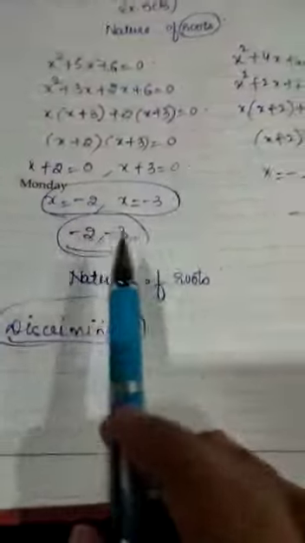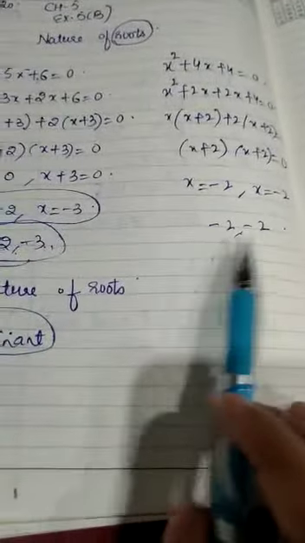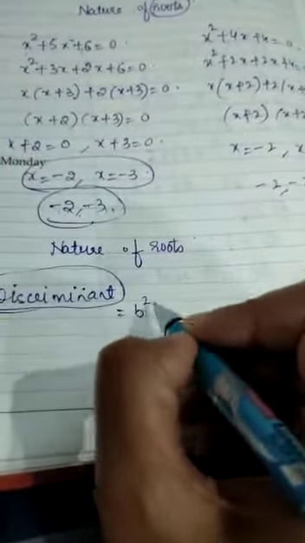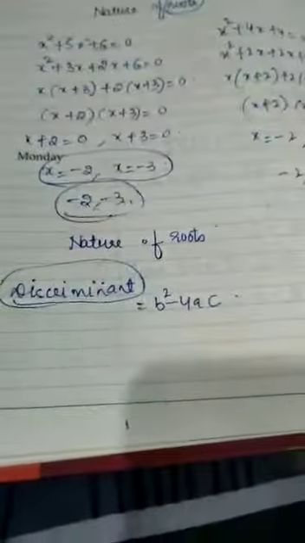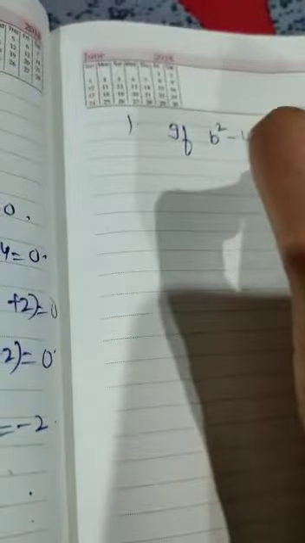So how many solutions are here? Two solutions. The discriminant formula is b square minus 4ac. Three conditions arise.